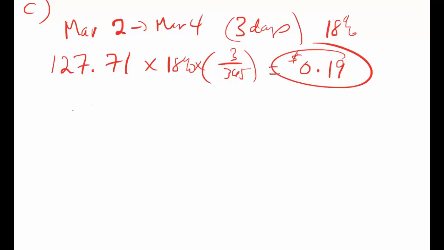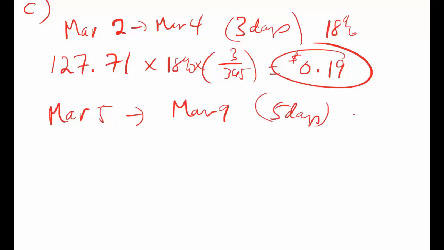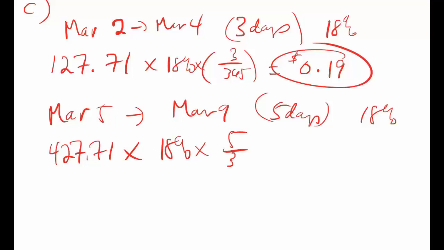It goes over again on March 5th to March 9th, and that's 5 days inclusive, and that's 18% again on anything over $1,000. So it's gone over $427.71 times 18%, and that's 5 days out of 365.